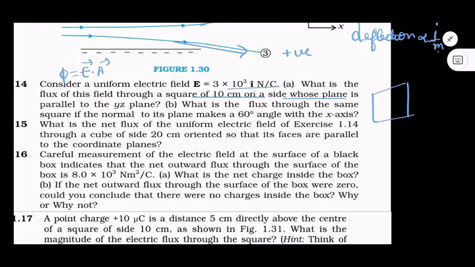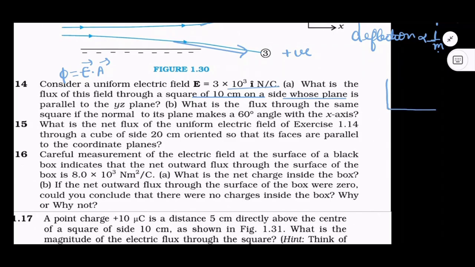We are given the electric field in the i cap direction, and we are given this plane to be the YZ plane. So the area vector for this YZ plane will be the outward normal. Let me draw this normal more clearly, so it would be understood easily.